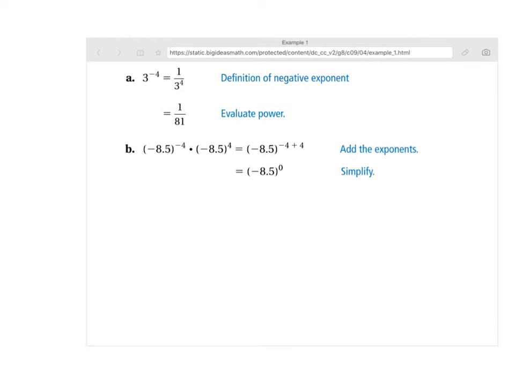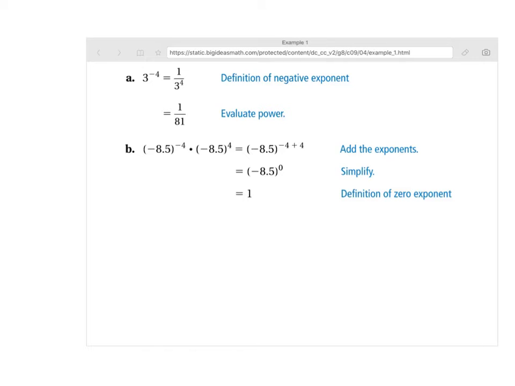So that means we have negative 8.5, or whatever base number they have, to the power of 0. Well, any number to the power of 0 is 1. Okay, so you do have to do multiple steps sometimes. When you're multiplying bases with the same base, you add the exponents. This is a rule from a lesson or two ago. Make sure you have your journals so you can use this.